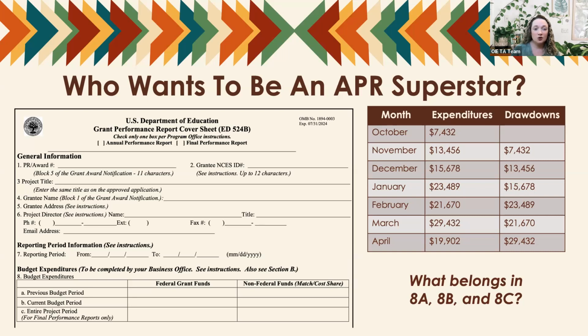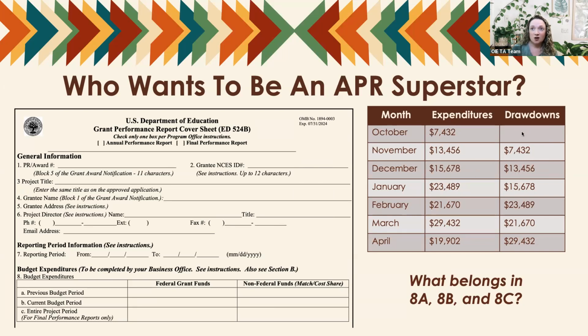Let's go to 8B, the math question. So I see some of you were like, nothing, leave that blank, leave it alone. Some said the 131,059 and some said the 111,157. So the answer is 111,157. Okay, and the reason is because we're actually just adding up our drawdowns from October 1st to March 31st.